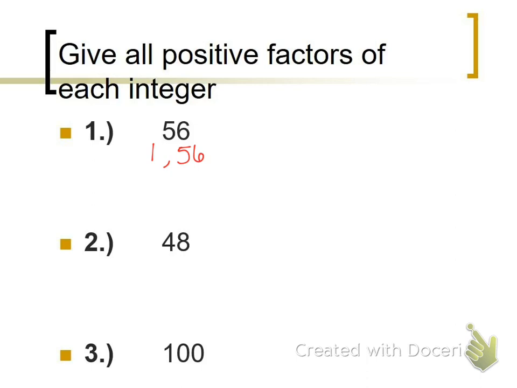From there, I would start counting up and seeing if the number is divisible by the next whole number. And if it is, then you should be able to write a factor pair. Meaning, after 1, I would check 2. Is 56 divisible by 2? It's an even number, so is it divisible by 2? Yes. 2 times what would give me 56? 28. Is 56 divisible by 3?